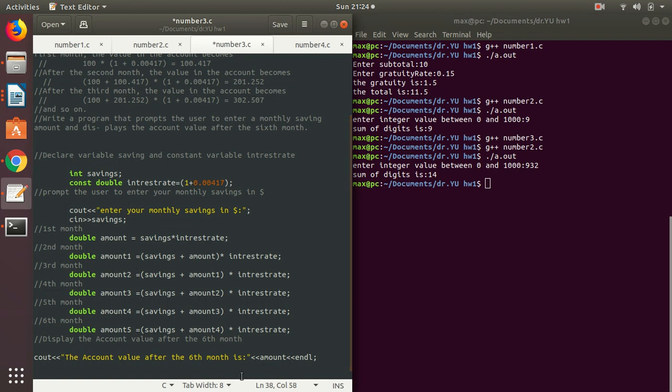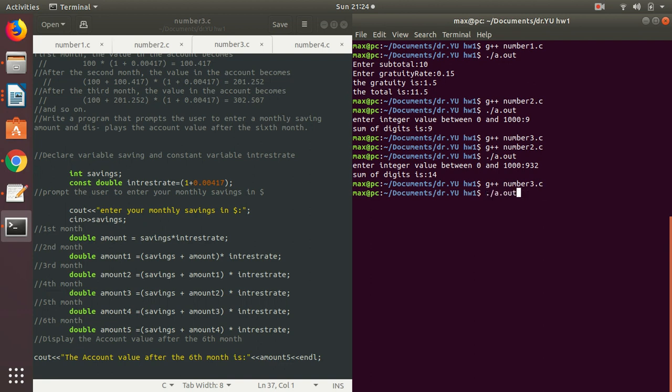So sixth month, it's amount 5, as you can see. So it's amount 5. You save. So when you come here, for savings, let us see whether you save 100.